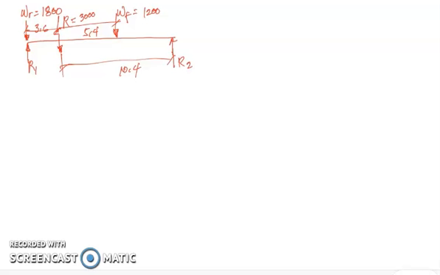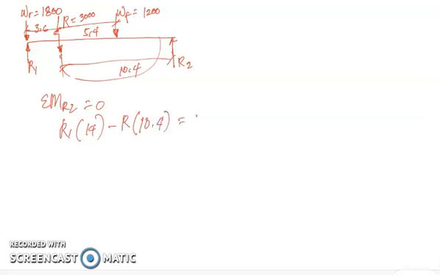So moment at R sub 2 is equal to 0. So this will be clockwise direction, R1 times 14. Then we have the resultant force in a counterclockwise direction. So minus R times the moment arm distance 10.4 equal to 0. So R1 times 14 minus 3,000 times 10.4 equal to 0.